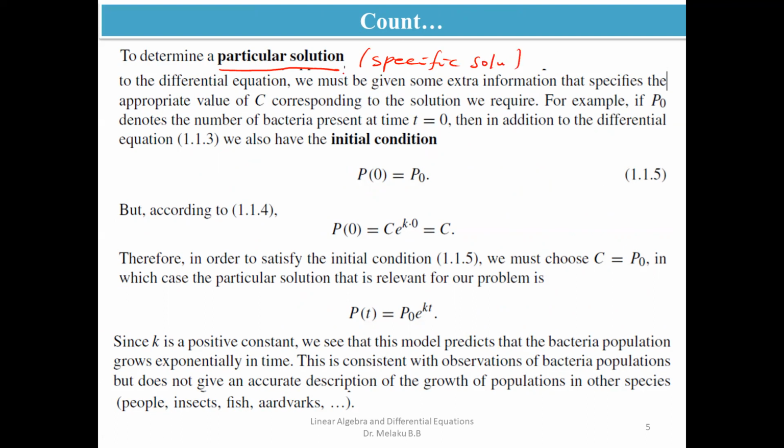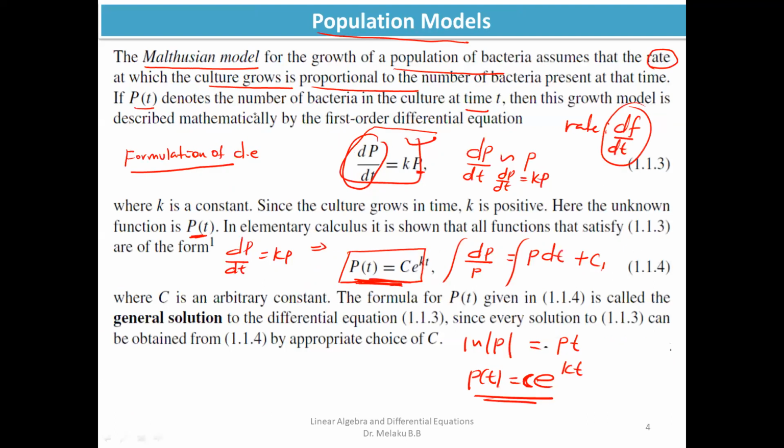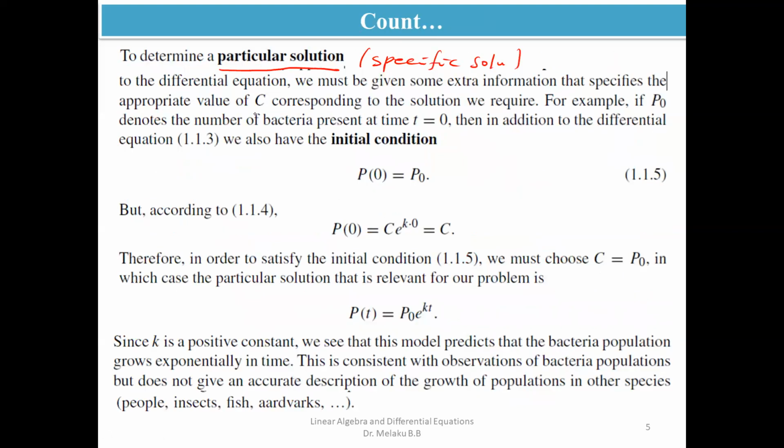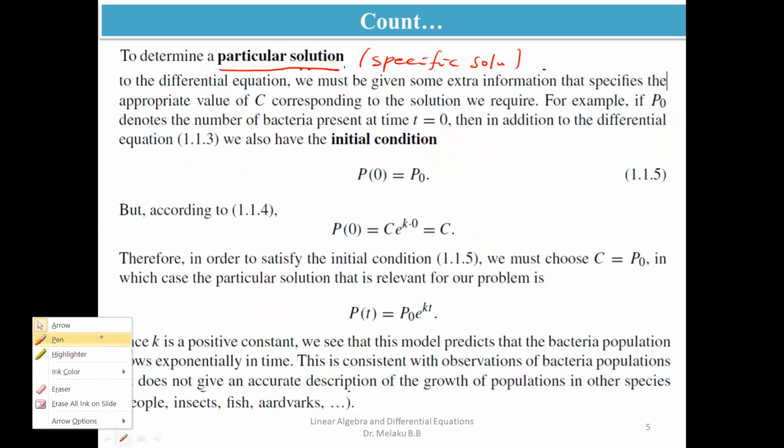In order to find this specific or particular solution, we need extra information besides the differential equation. For example, for this Malthusian model, we may want to know the population of the bacteria at time t equal to 0. That will be considered as our additional information to find the specific solution.